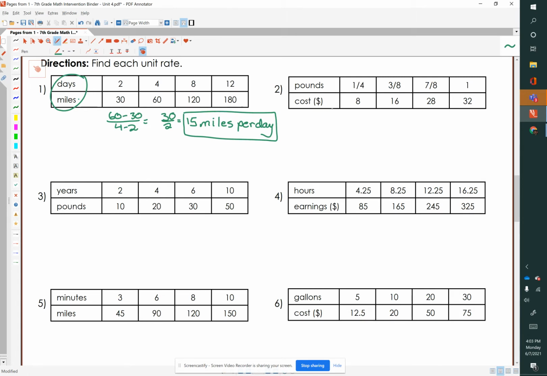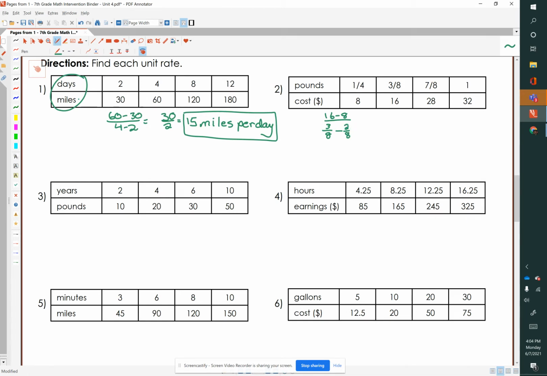Okay, we have pounds and cost. So let's have 16 minus 8 divided by 3/8 minus, I'm going to actually rewrite that slightly easier to understand, 3/8 minus 1/4, or that's going to be 2/8.